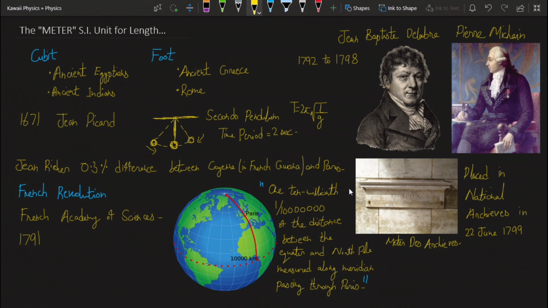But it soon came to realization that the meter des archives was not exactly the 1/10 millionth of the distance between the equator and the north pole, and also the fact that these two surveyors' calculations were wrong.